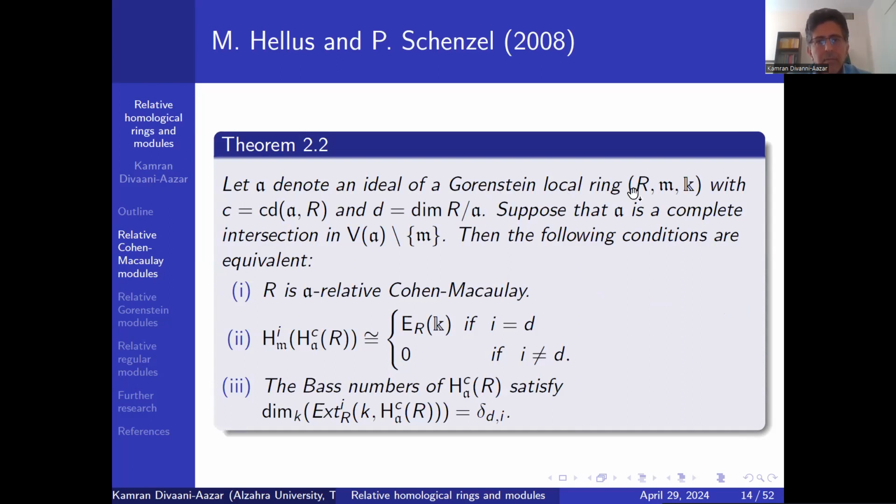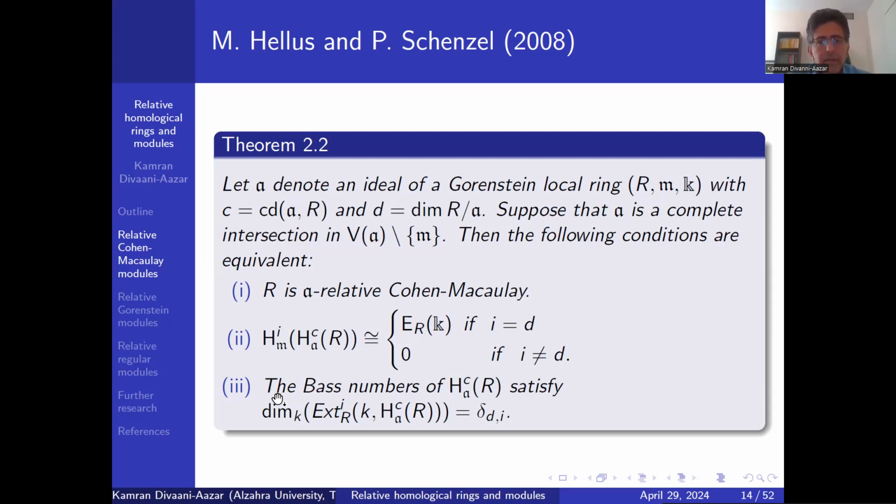Let R be a local Gorenstein ring and A be a proper ideal of R. Denote the cohomological dimension of A by c and let d be the dimension of R over A. Suppose for any prime ideal P here, the image of A in the localization of R at P is a complete intersection.